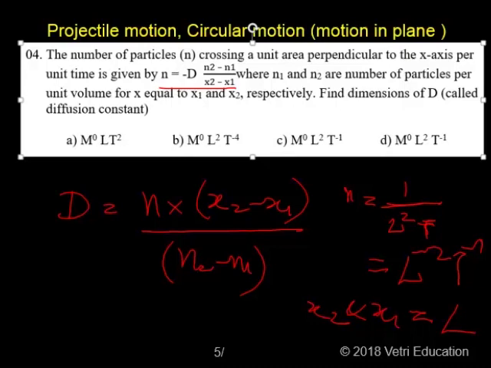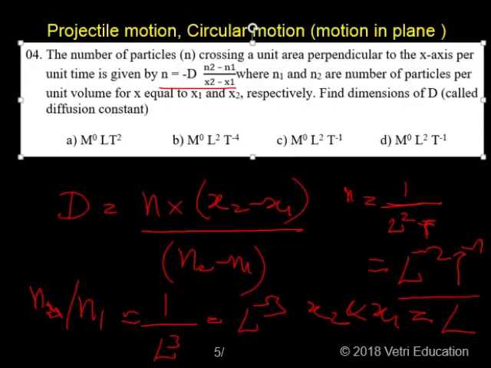The number of particles does not have any unit, per unit volume, and volume is L^3, so L^-3 is the dimension. So three things: one is n, the dimension is L^-2 T^-1. The other one is L, and the third one is L^-3.